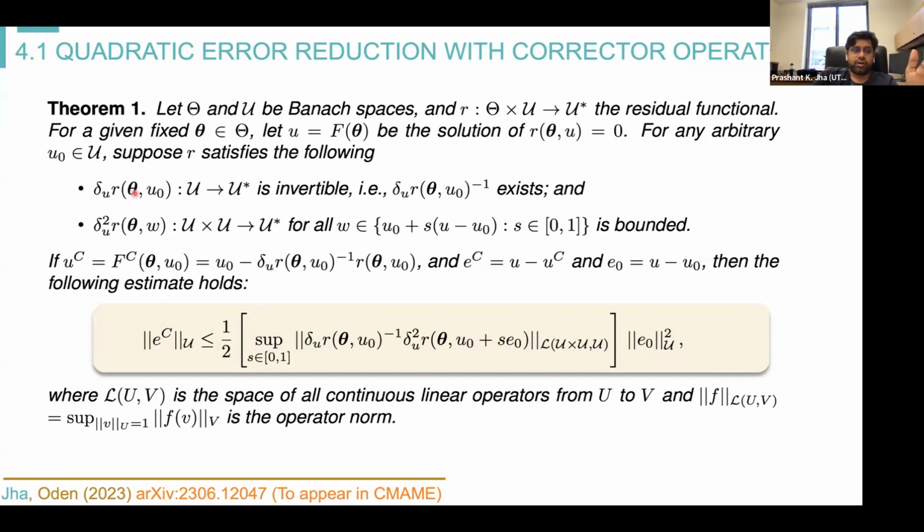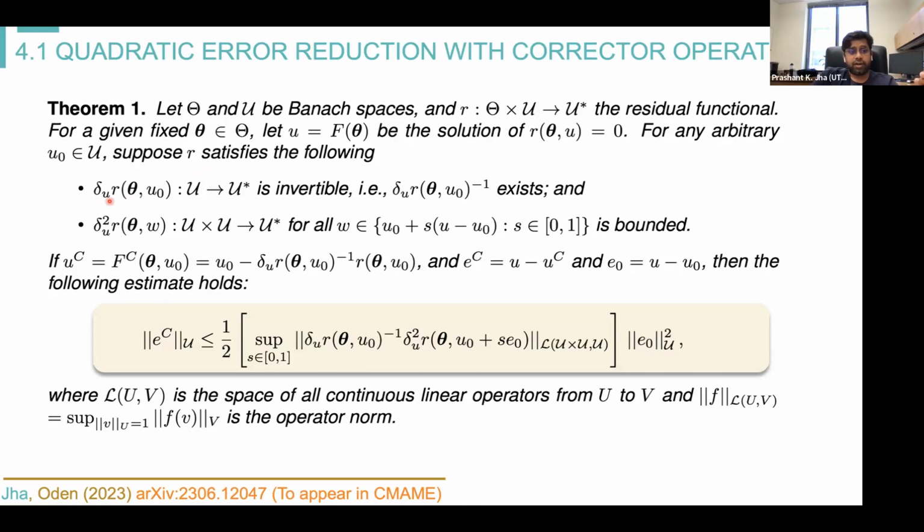So assuming that theta and U are Banach spaces, and R is a residual that depends on the parameter space theta and the solution space U. And then for a given theta, let's say U is a solution of the residual problem. And let's say U0 is any arbitrary approximation of the solution U. With that, let's also assume that R has certain nice properties.